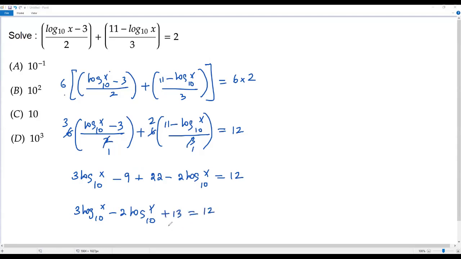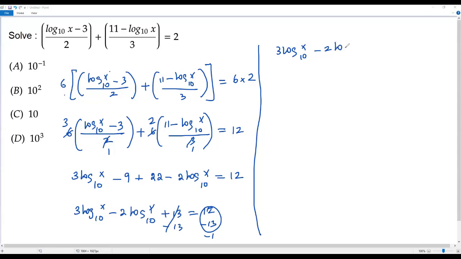To solve for x, I have to subtract 13 from both sides. When I subtract 13 from both sides, the positive 13 and negative 13 will cancel, and this is simplified to negative 1. So the resulting equation is going to be 3 log x to the base 10 negative 2 log x to the base 10. On the right side, 12 negative 13 will become negative 1.